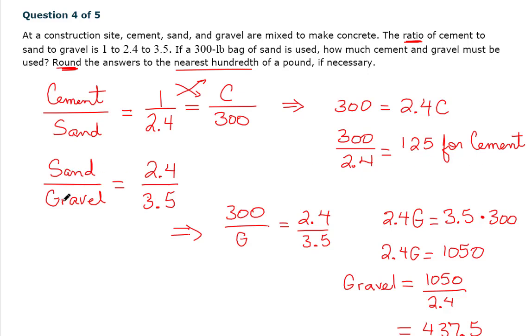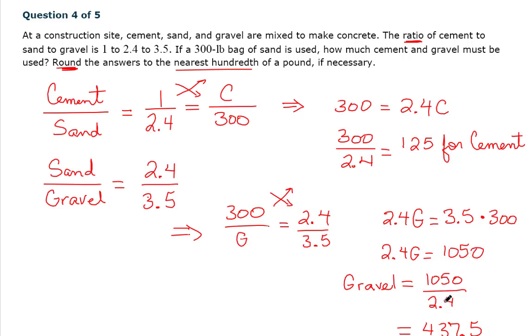Sand to gravel. Well, let's see. Sand was 2.4. Gravel is 3.5. And so again, fill in what we know. Sand, G for gravel, I don't know. 2.4 and 3.5. All right, cross multiply again, down and up. 2.4G is 3.5 times 300, which is 1050.